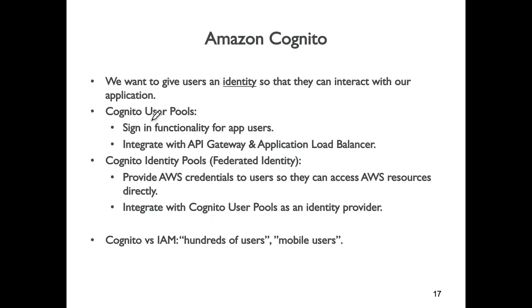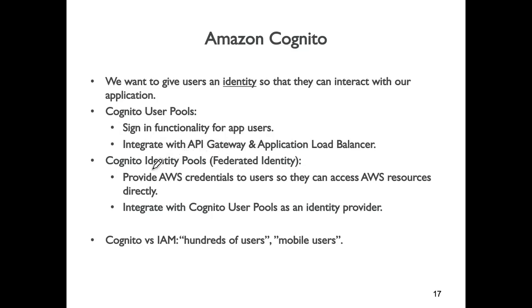And that's what we will do. We will create a user pool for our web API, for example. And the user pool, that Cognito service, comes with lots of the standard aspects to it, like sign in functionality, sign up functionality. It integrates very well with API Gateway. You can use it for other types of applications as well, but we're particularly interested in integrating it with API Gateway.